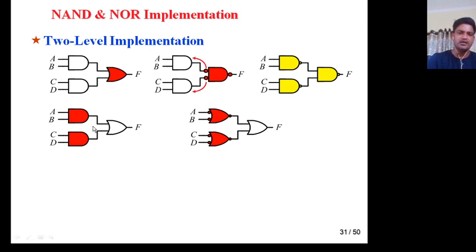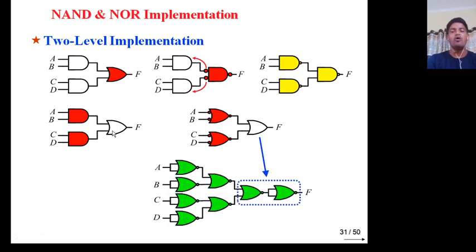Similarly, in this case, we have to implement by using NOR gates. So you will now replace this and this, not this, because in case of NOR implementation, we require OR terms. Now you replace this by this, and you know how to implement by using NOR gates. For this, one NOT gate means a NOR gate, and similarly for this bubble, this NOT gate or NOR gate, and for this again a NOR gate.